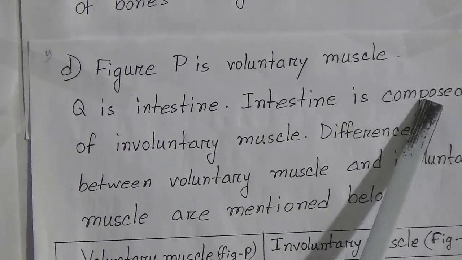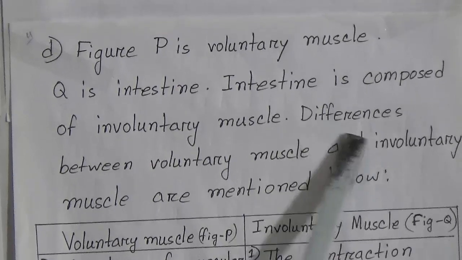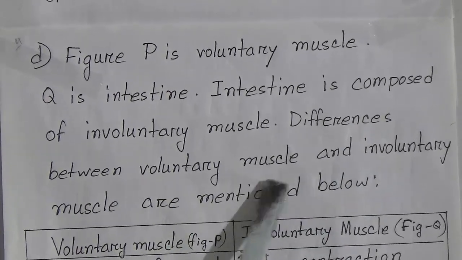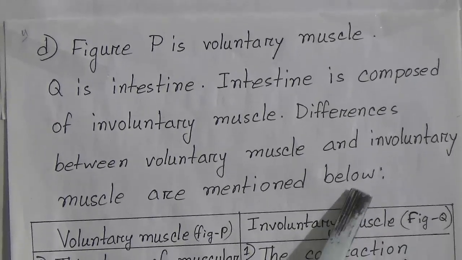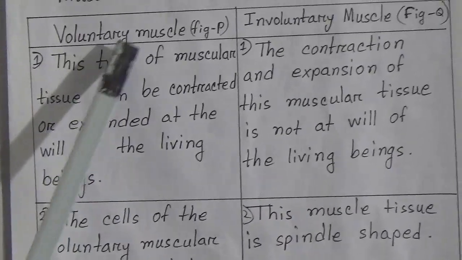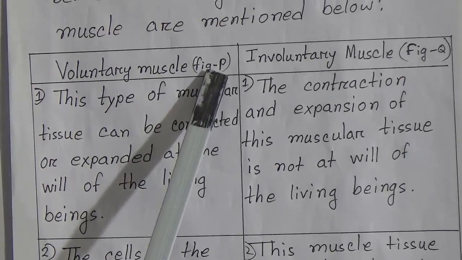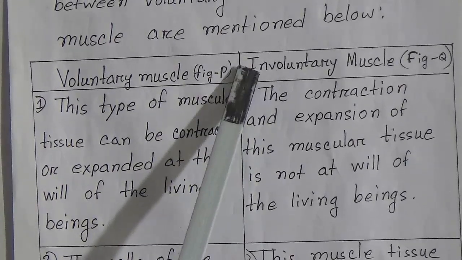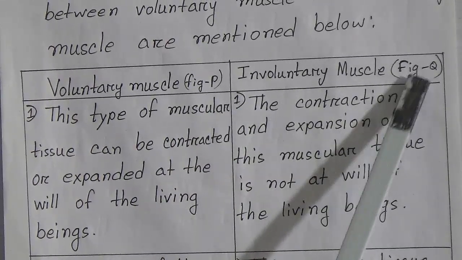Intestine is composed of involuntary muscle. Differences between voluntary muscle and involuntary muscle are mentioned below. In this box is the voluntary muscle figure according to figure P, and in this box is the involuntary muscle figure Q.